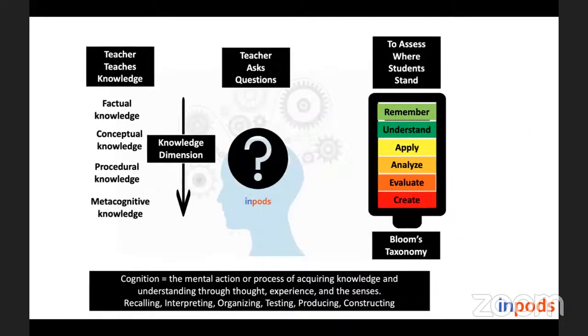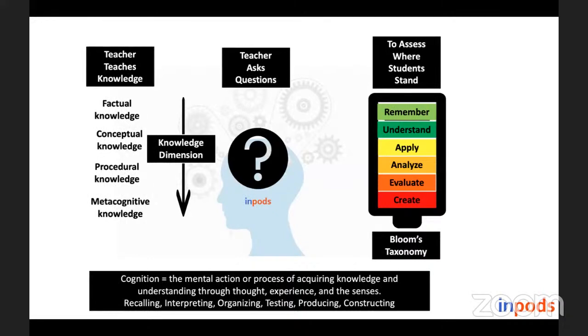So when we are teaching in the classroom, we ask questions, right? Certain questions are asked so that we know whether we are going in the right direction. Are the students understanding? Are the students reaching the desired level of cognition?